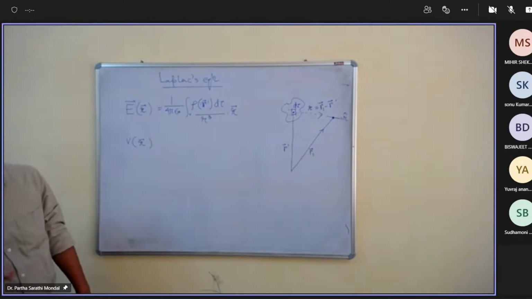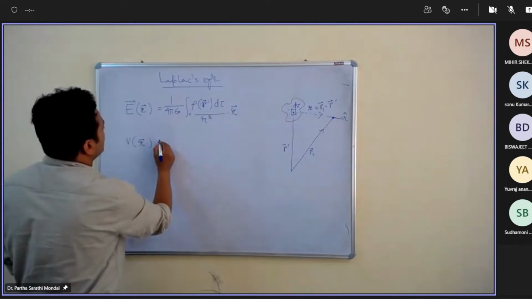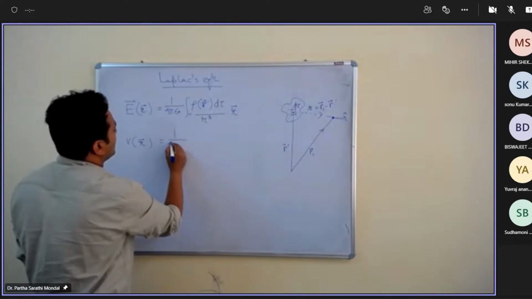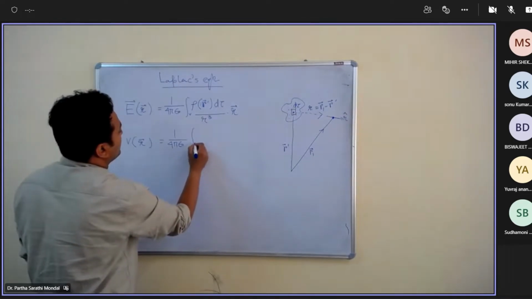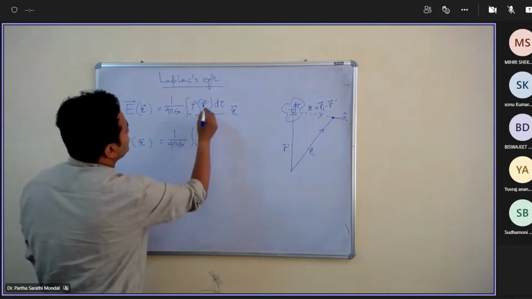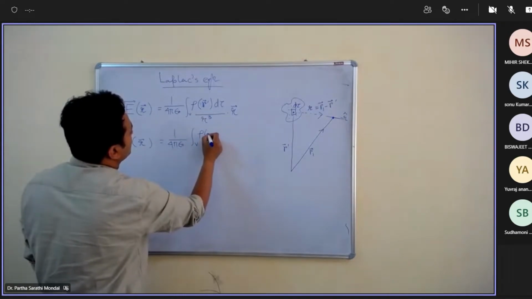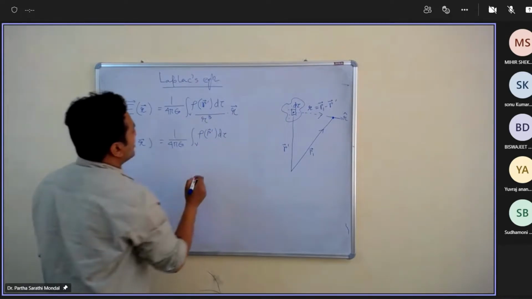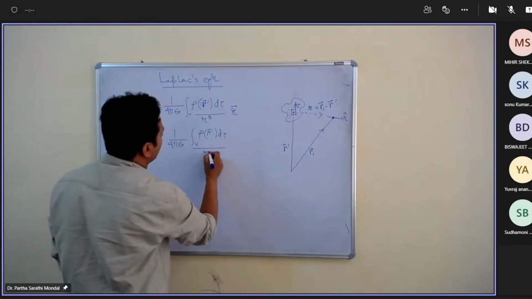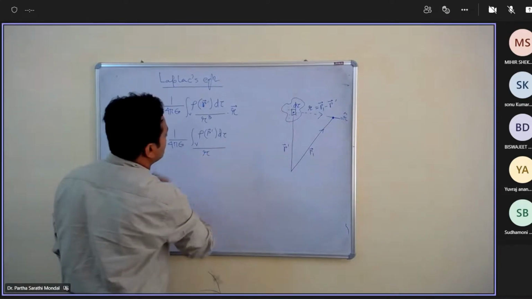Yes, sir. Okay, so now this one similarly 1 by 4 pi epsilon 0. So if I do the volume integral, ये टोटल चार्ज यही मिल जाएगा आपको, ये आपका r dot का फंक्शन है, this is total charge. So now it will be just R. Okay.